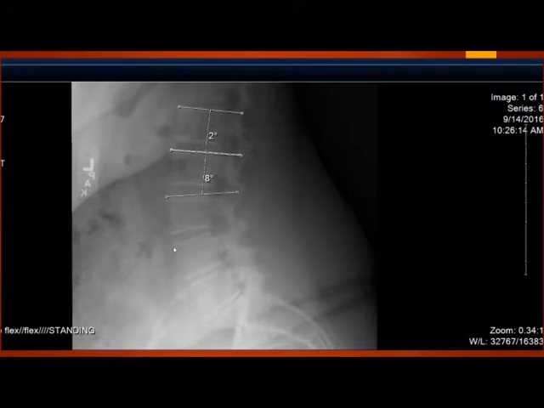Okay, a line across the superior end plate of L4, a line across the superior end plate of L3, for a -16 degree angle. There's L5, again L4, -8 degree angle.